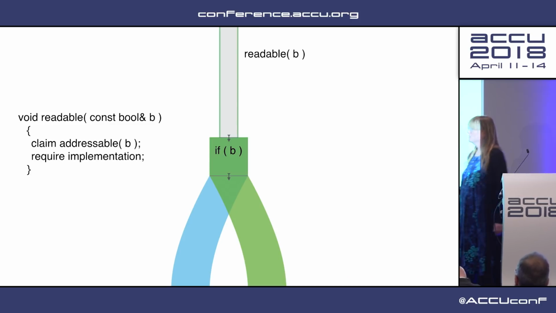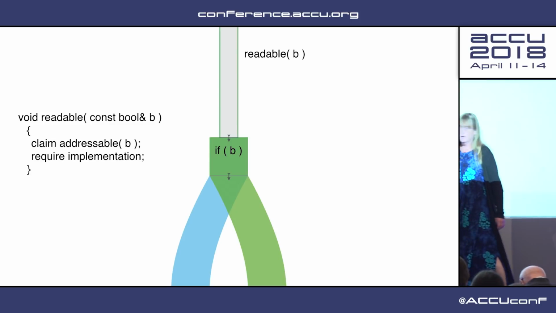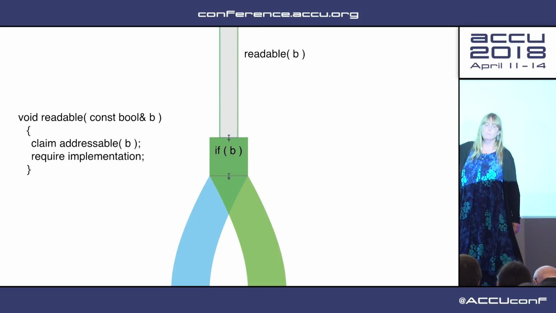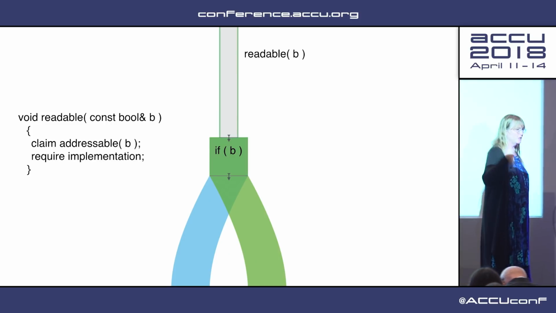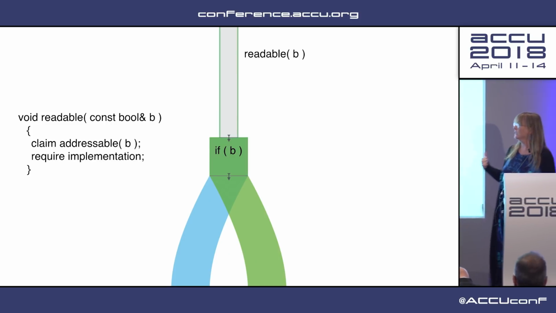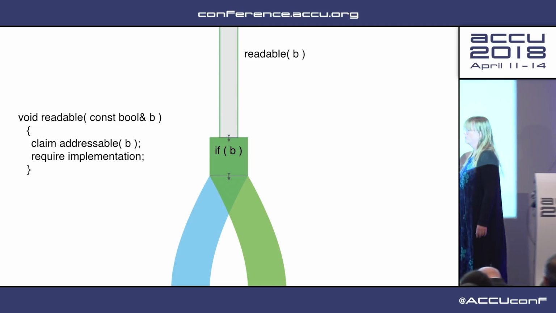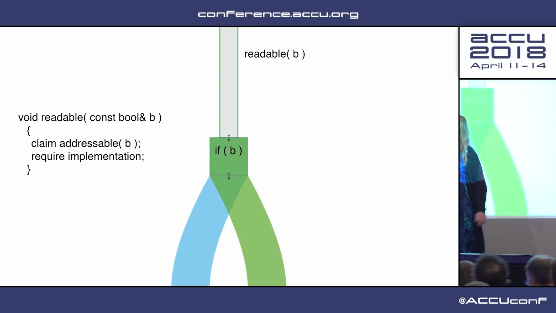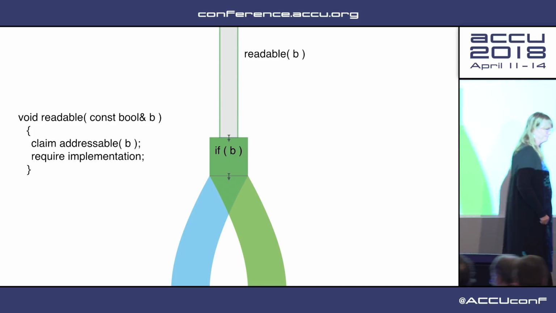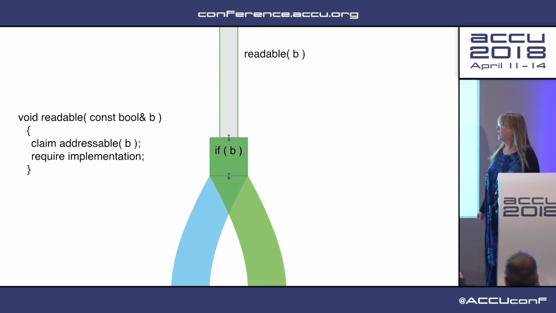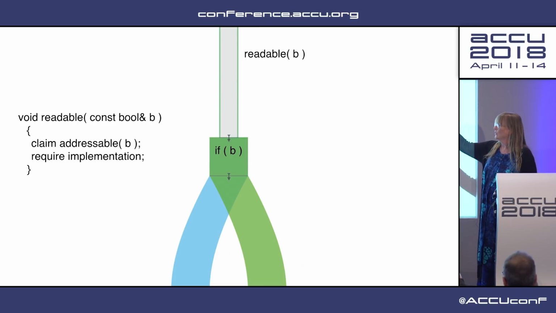An if statement requires that this Boolean variable be readable. It's using that capability. Here we have an interface to readability. You know it's an interface to a capability because it says require implementation. Readability is a precondition to the if statement.